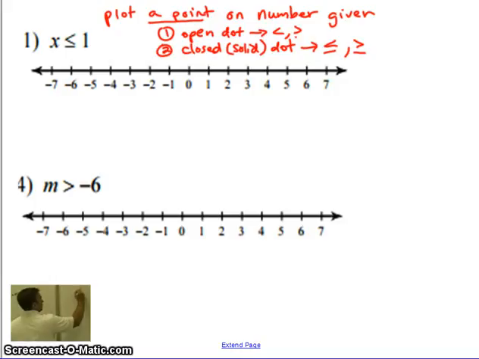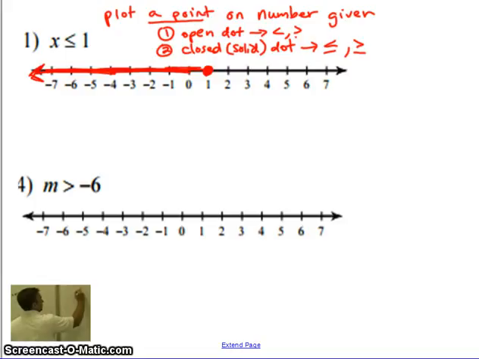So for the first one, we have x is less than or equal to 1. We're going to draw a closed dot because our answer could be 1, and any number less than 1. So we're talking about all the numbers over here. We're going to shade in the number line going this way, and that's how we graph this inequality.